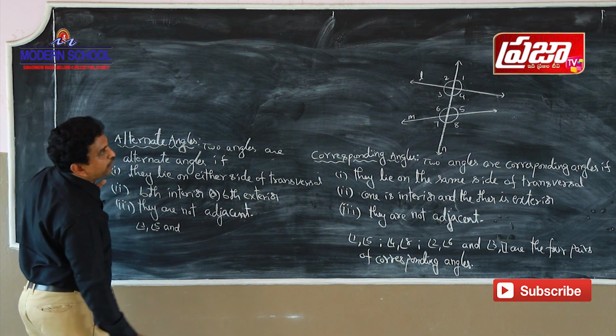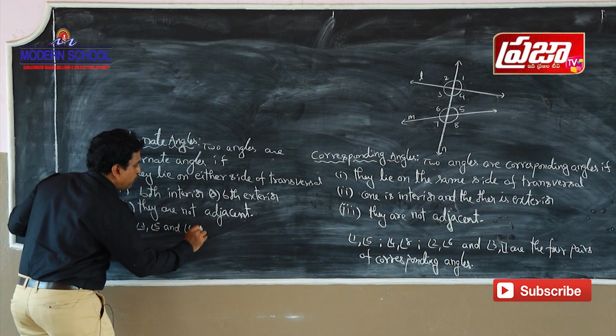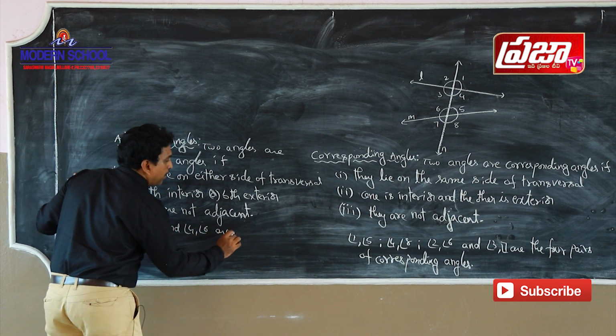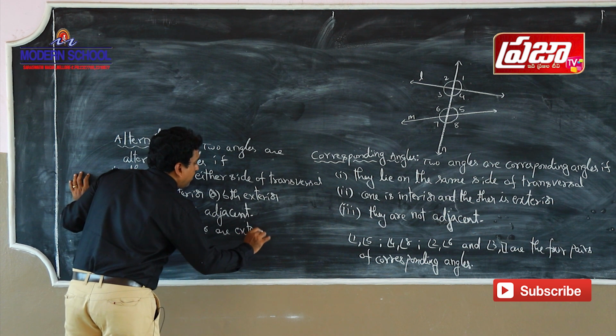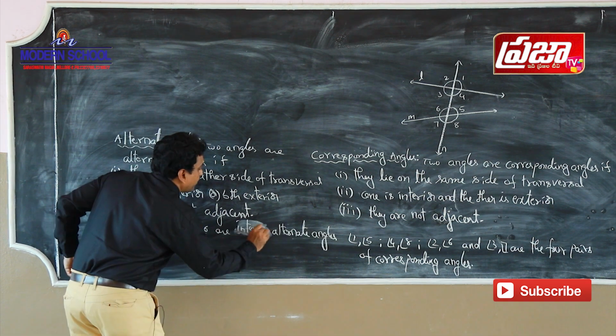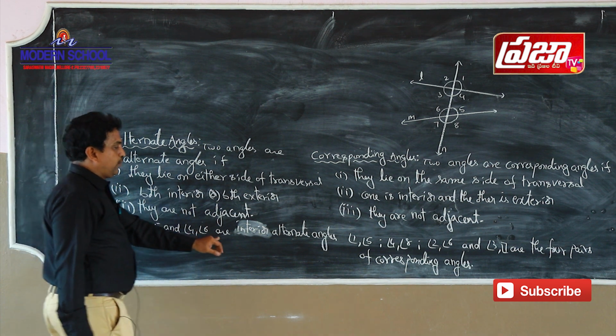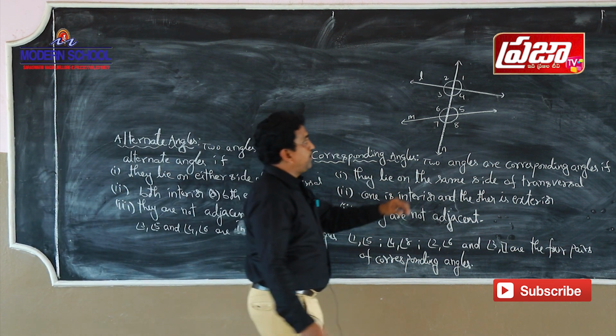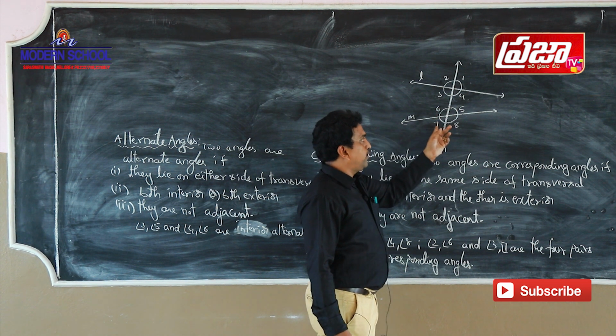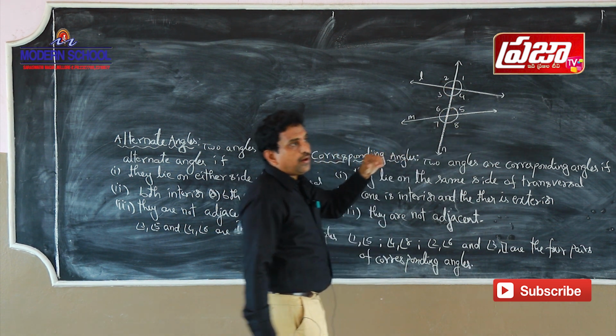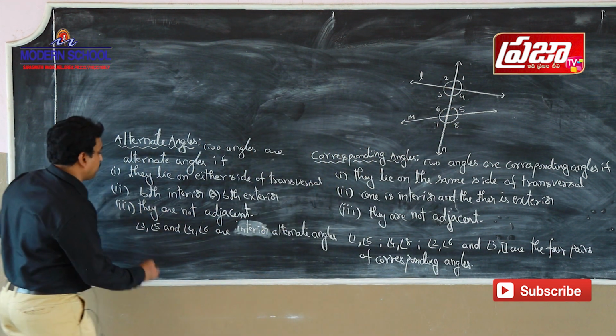So angle 3, angle 5 and angle 4, angle 6 are interior alternate angles. In the same way, angle 1, angle 7 and angle 2, angle 8 are exterior alternate angles.